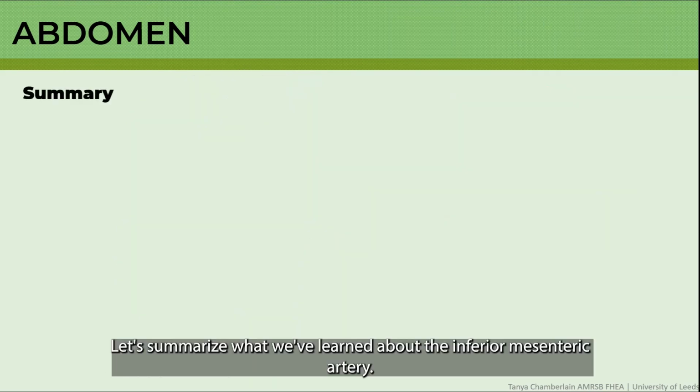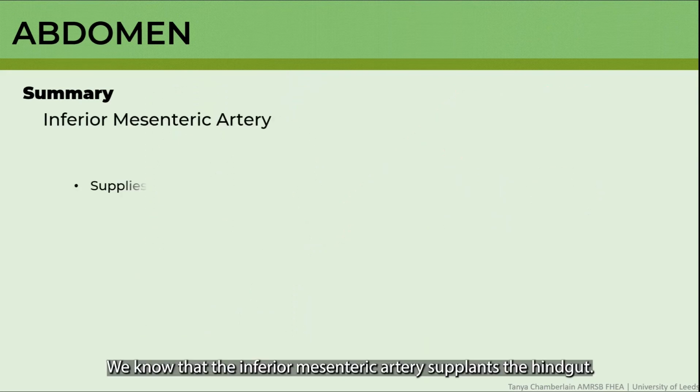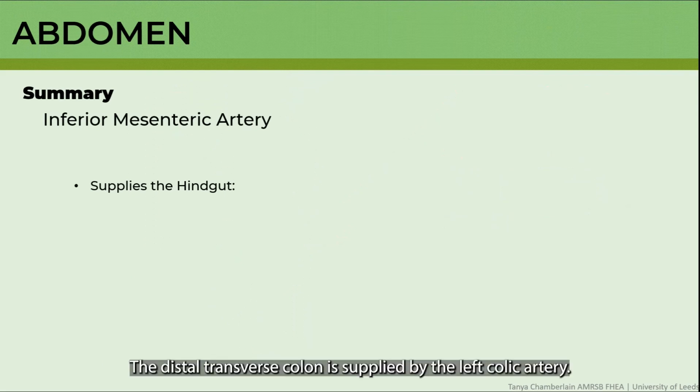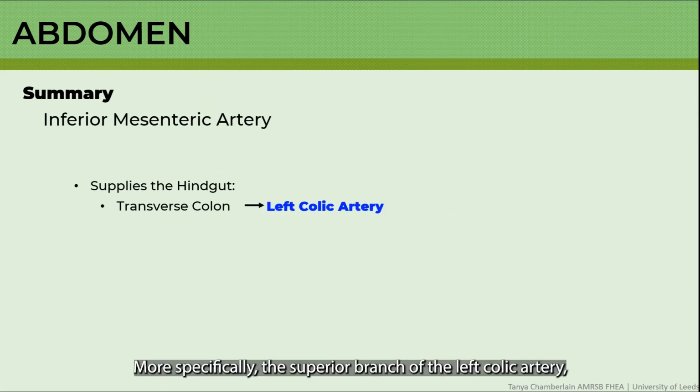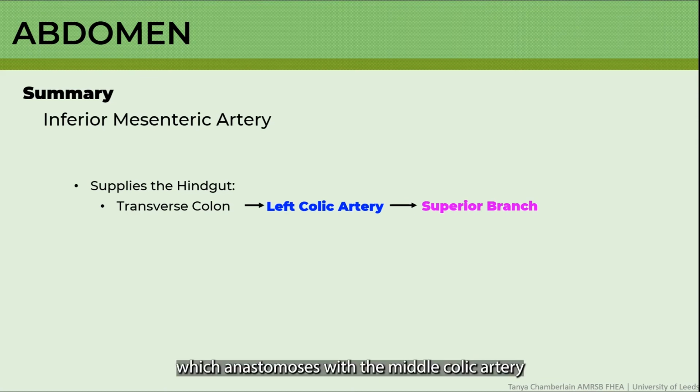Let's summarise what we have learnt about the inferior mesenteric artery. We know that the inferior mesenteric artery supplies the hindgut. The distal transverse colon is supplied by the left colic artery, more specifically the superior branch of the left colic artery, which anastomoses with the middle colic artery to form the marginal artery.